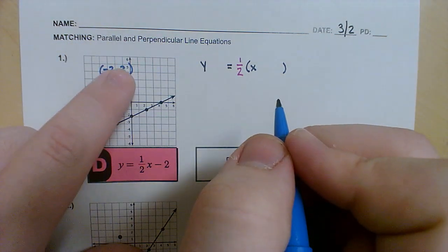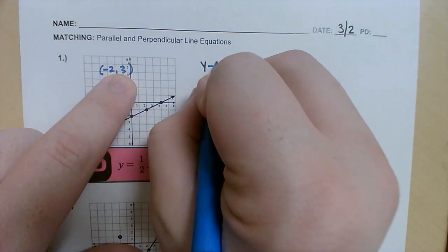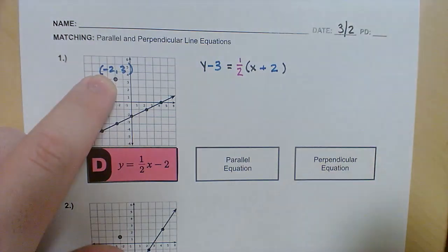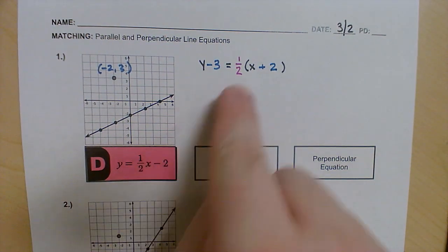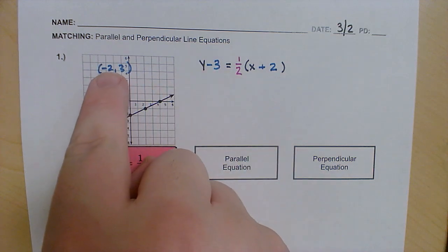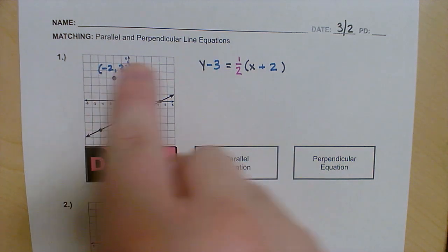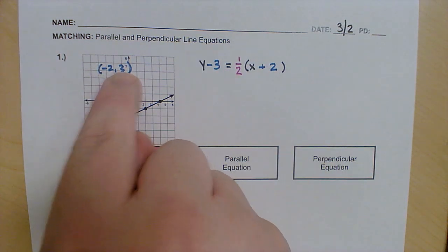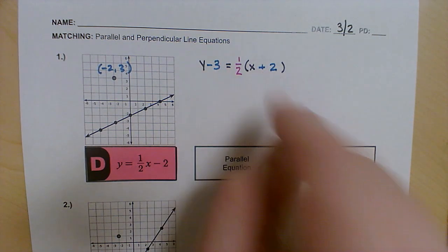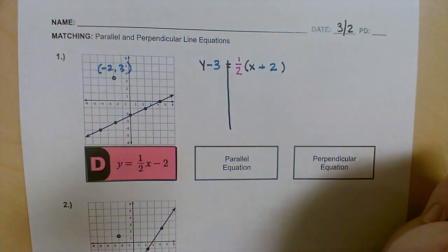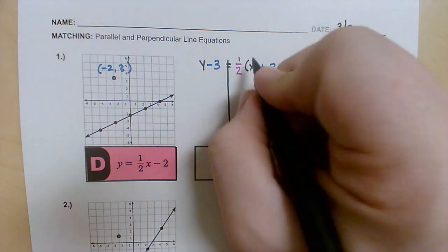So I'm thinking we're going to say y minus 3 and x plus 2. Again, it's got to have the same slope, otherwise they won't be parallel. And if it goes through -2, 3, we're going to have y minus 3 and x plus 2, the opposite of these two numbers, grouped with the y and the x. Then complete 2 steps to solve the equation, solve for y.